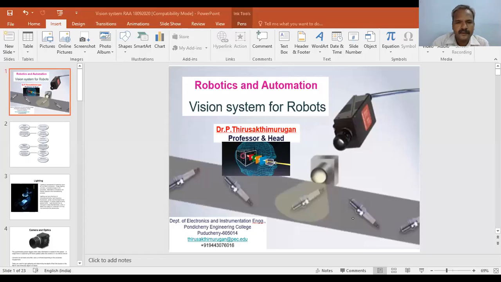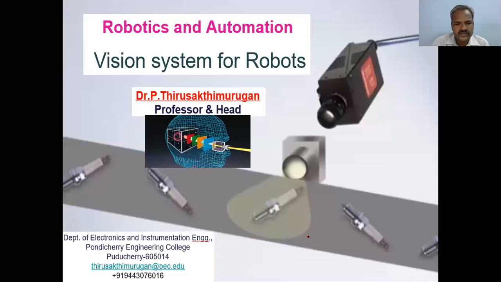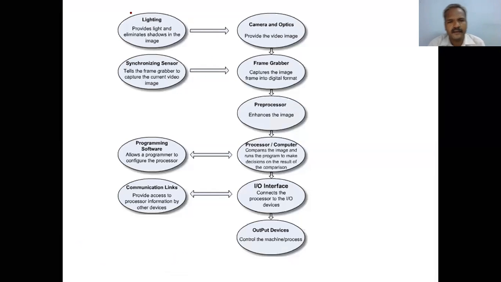So, the vision system for robots. Basically the front end to the entire robot vision system is lighting. It provides light and eliminates the shadow in the image.